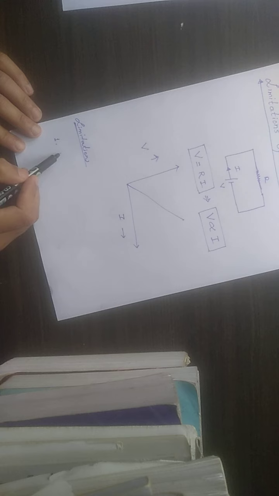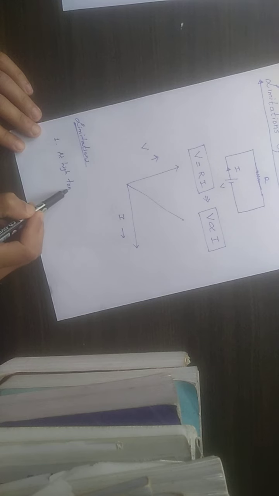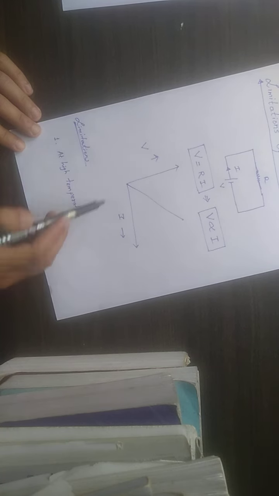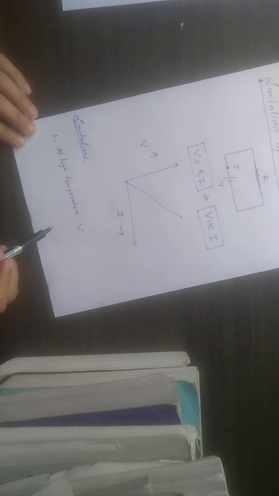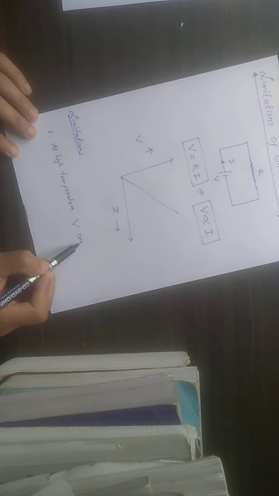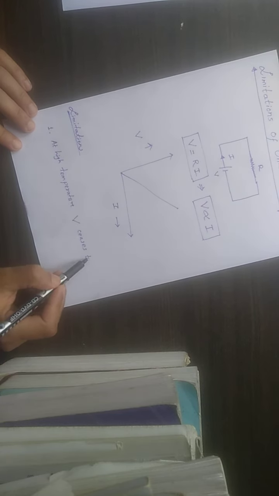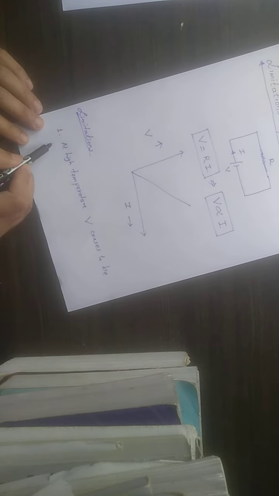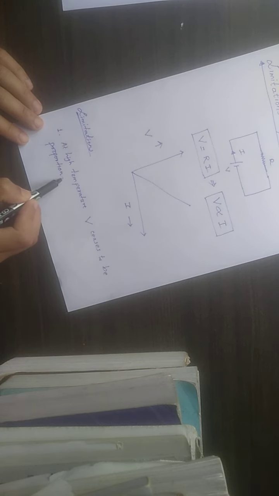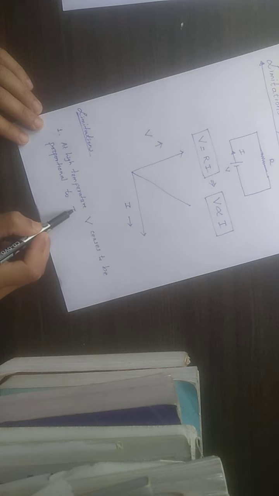The first limitation is this: at high temperature, this V, which is potential difference, ceases to be proportional to current.